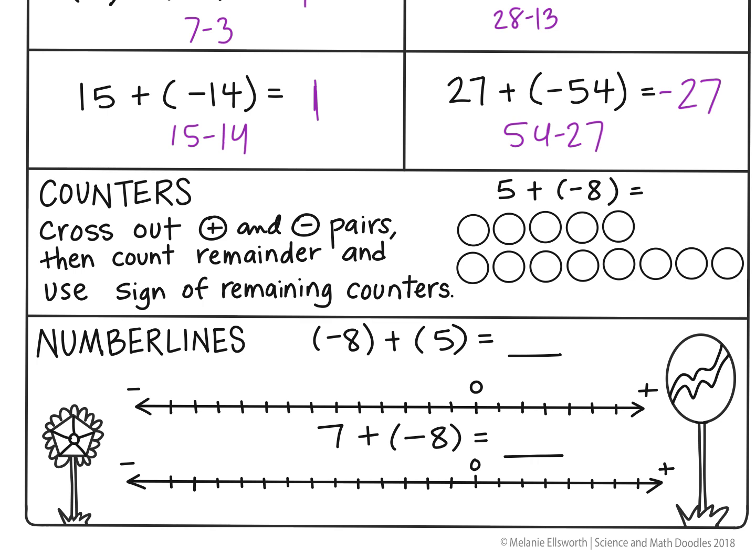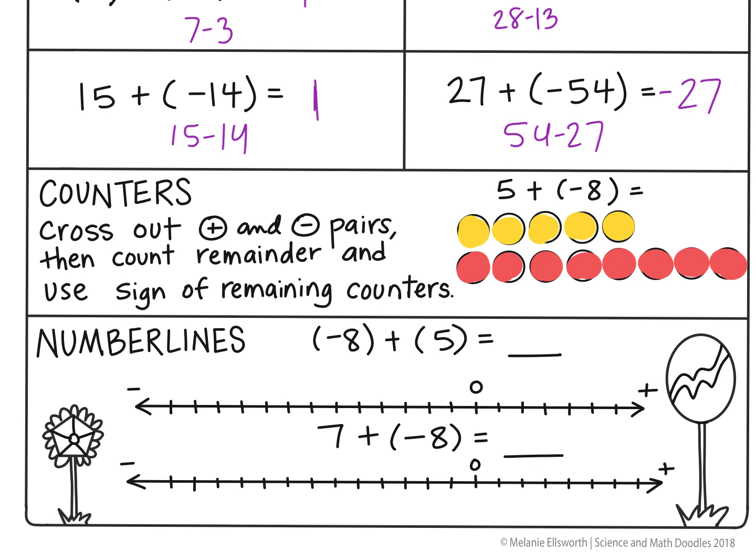So the first thing I'm going to do is color each one of these. I have 5 positive plus 8 negatives. So each one of these are going to be color coded. You're going to have these in just a little bit, and you're going to actually be modeling some problems so that you can see what's happening.